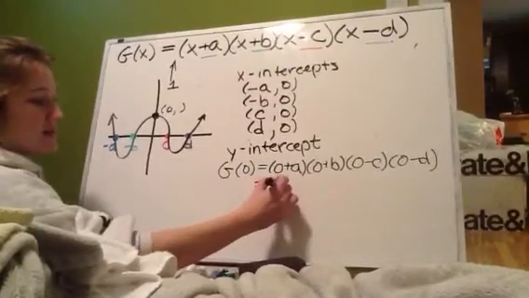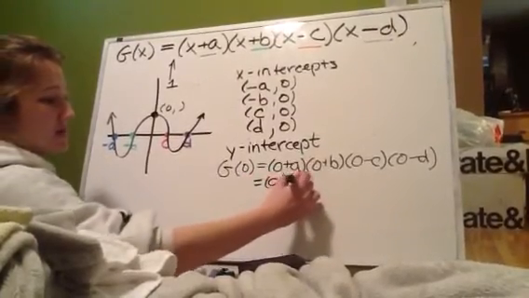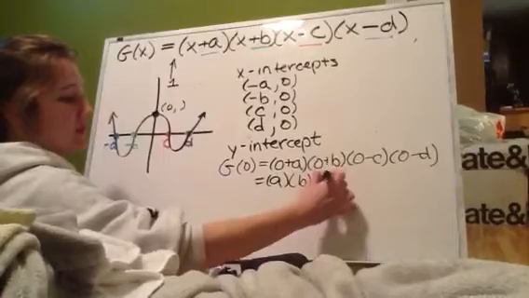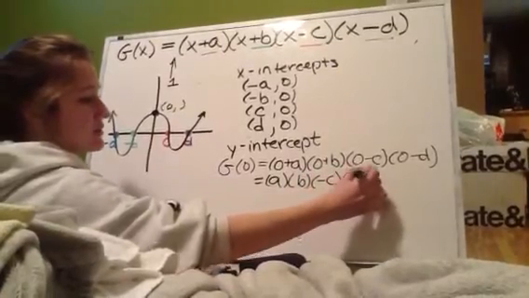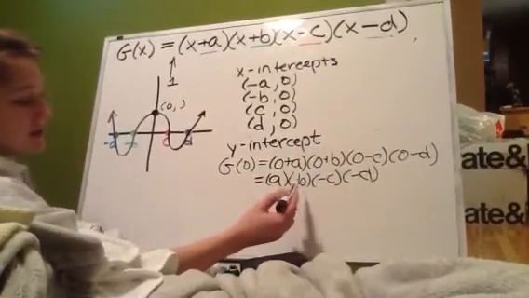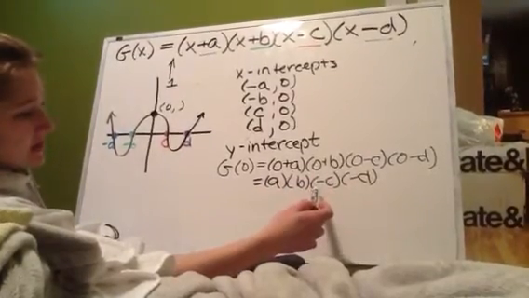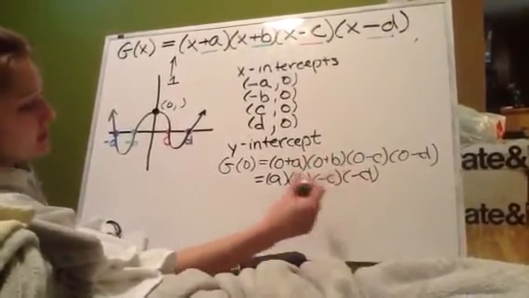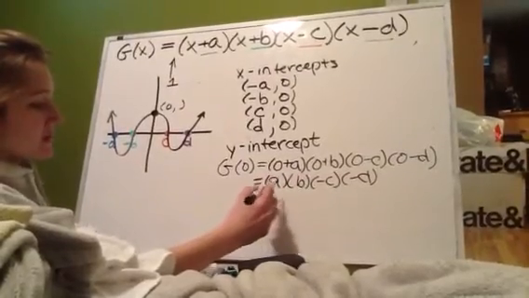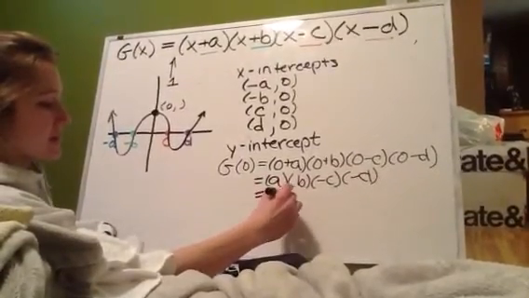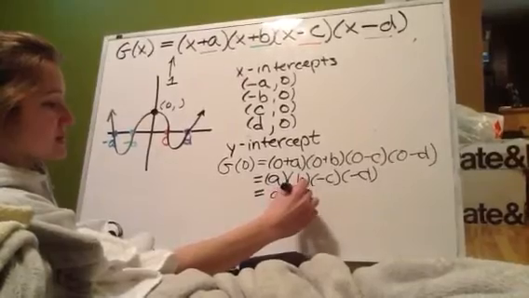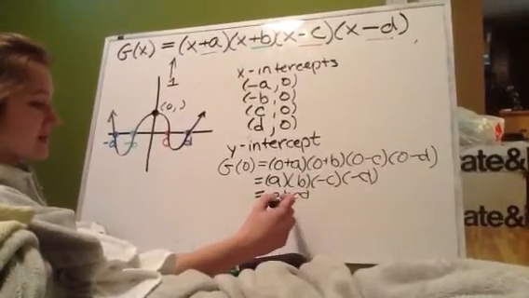0 plus a is a, and so forth with all 4 of my linear factors. A positive times a positive is a positive, times a negative is a negative, times another negative brings me back to positive. So altogether, I'll have a times b times c times d coming out positive.